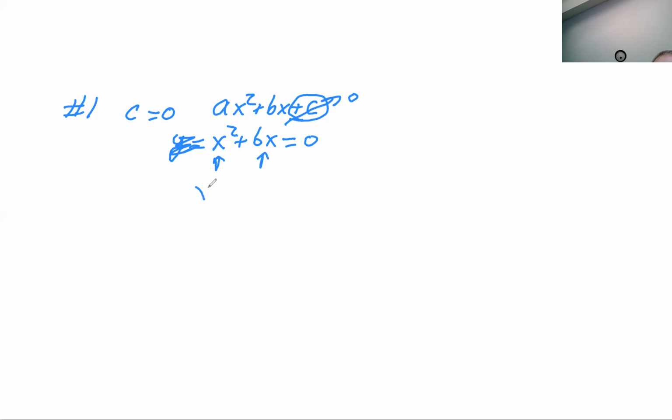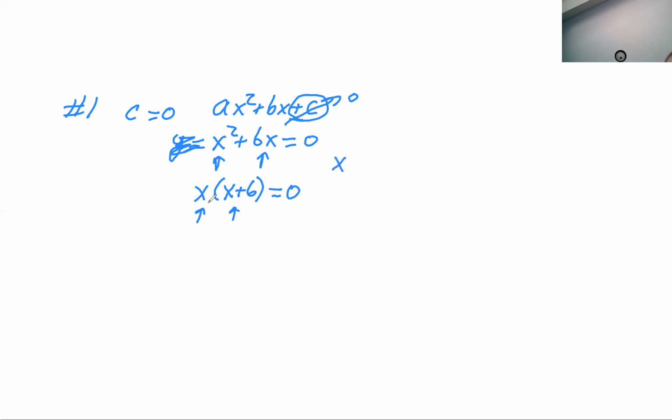So if we factor this out, we'd get x times x plus 6, and that would equal 0. So then in this case you have two factors multiplied together, right? You have this x multiplied by x plus 6. So if either one of those factors is 0, 0 times any number always gives you 0. So that's the strategy with regards to getting the solution.